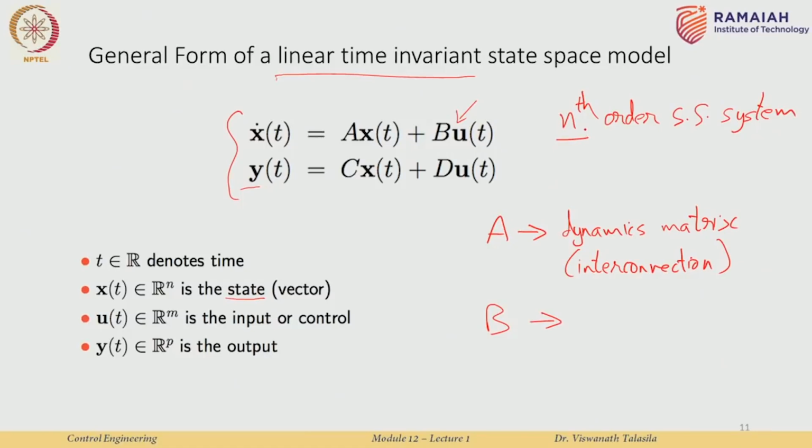So, if you have an nth order state space system, the matrix A will be of dimension n cross n, it cannot be more, it is a square matrix of dimension n cross n. Now, let us look at the matrix B. B is a matrix which takes the inputs which I have applied to the system and relates them to the state. So, it basically tells how my inputs are actually connected to my states.